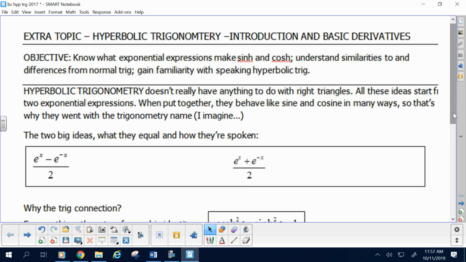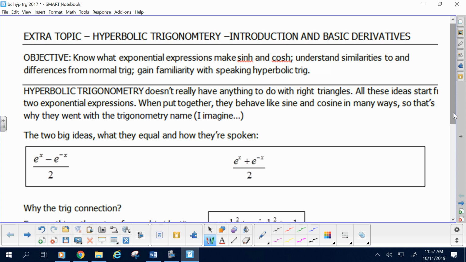So here it goes. There is this idea of hyperbolic trig, and it really doesn't have anything to do with triangles. There's nothing about an opposite side or adjacent side. There's not even an angle. There's not even a theta. Instead, hyperbolic trig is actually forms of exponential combinations.